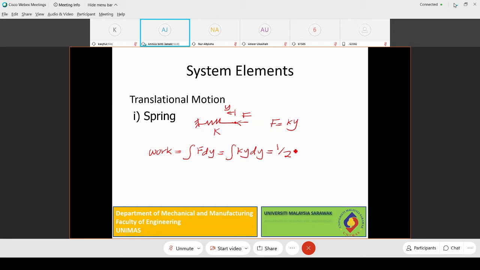When we integrate this, we get half k y squared. If this is x, then it is half k x squared. Since I put the displacement here as y, it is half k y squared. Anyone, what equation is this?